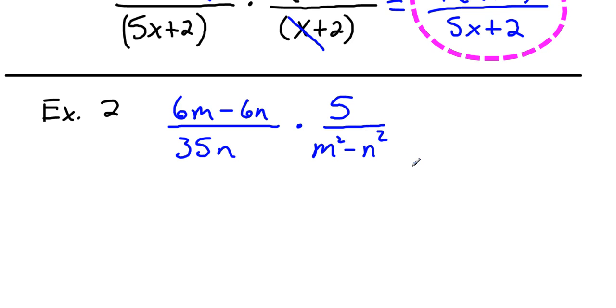You've got 6m minus 6n over 35n, times 5 over m squared minus n squared. For this one, the only parentheses you would need to add in would be here and there, because those have the pluses and minuses. The 35 and the 5 have no pluses or minuses, so you don't have to put any parentheses there.